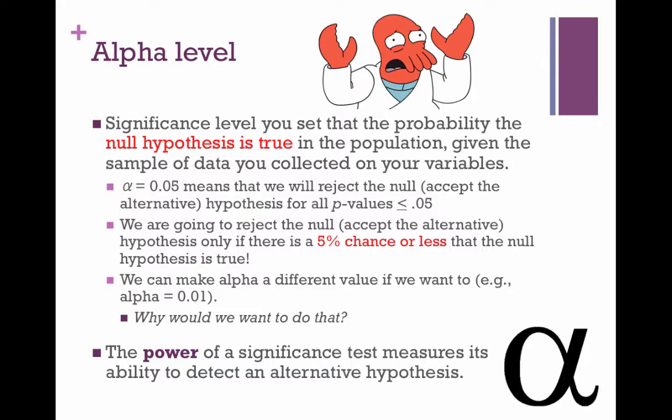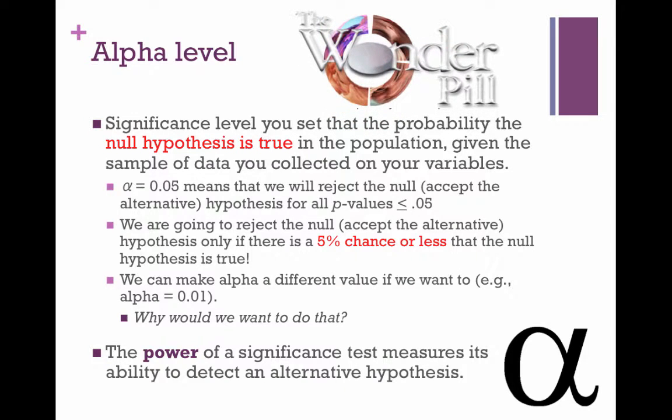So let's say you're working on a clinical trial on a drug that claimed to cure cancer. Well, would you want to say that yes, this pill cures cancer and be pretty confident in it? Or say maybe, maybe not? Well, think about this idea of alpha level and how it translates to the chance of your null hypothesis being true.